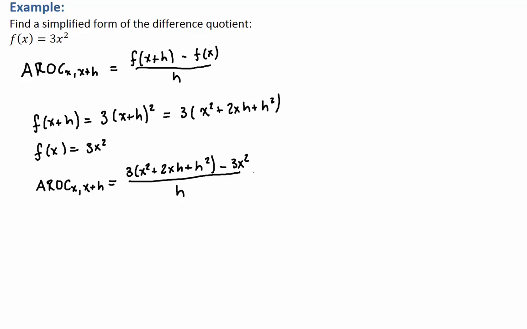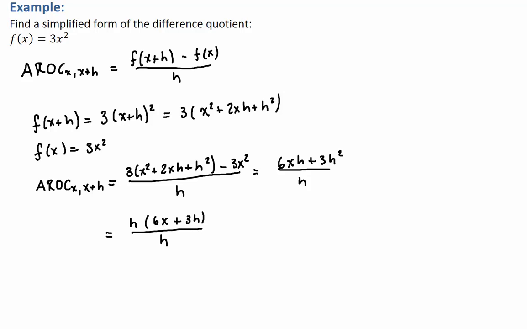Alright, then we distribute this here, so you get 3x squared minus 3x squared, that's going to go away, and then you get 6xh plus 3h squared all over h. So I can then factor h out of this, and I get h times 6x plus 3h all over h.